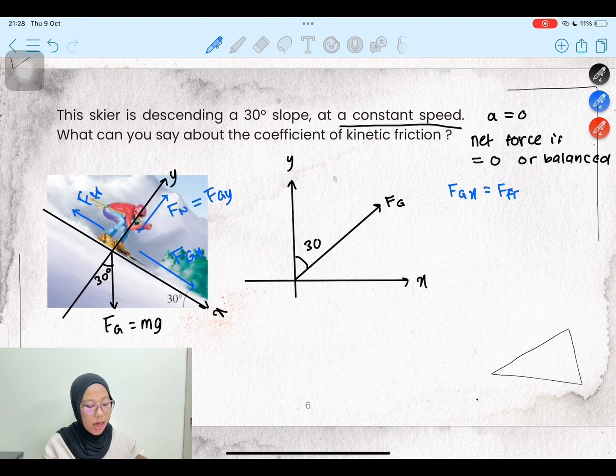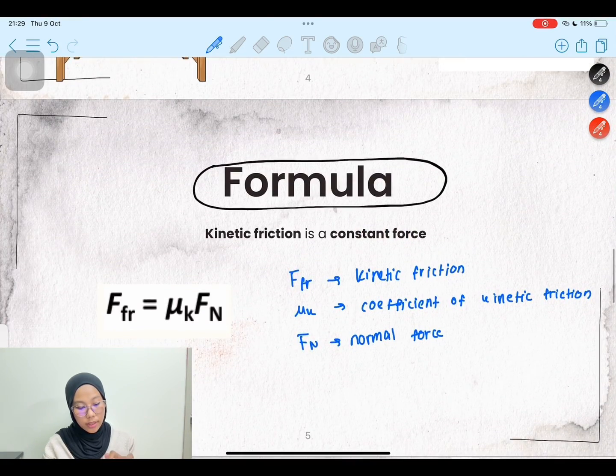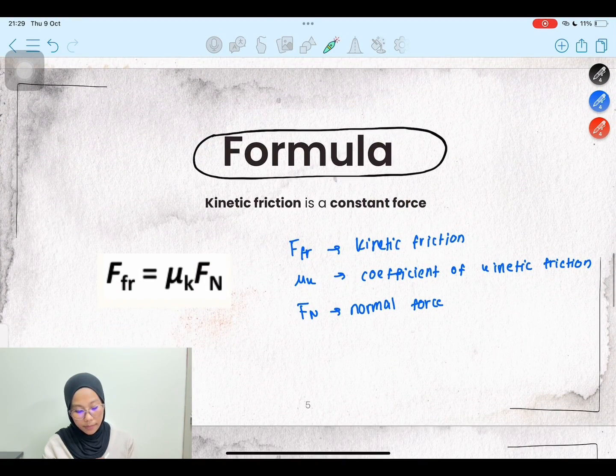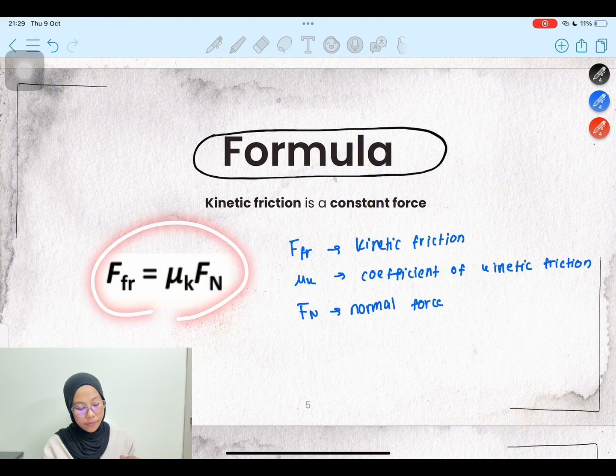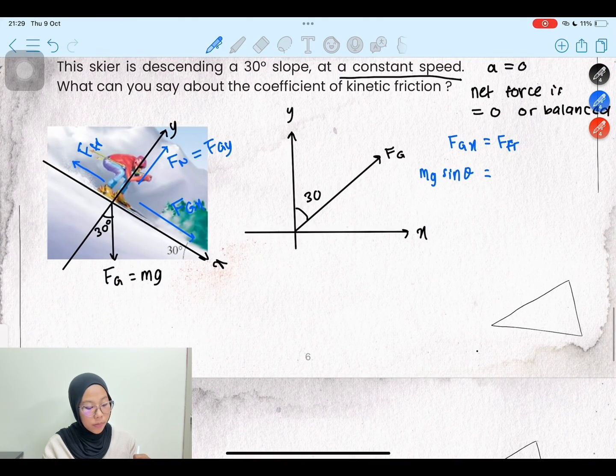Fgx is mg sine theta. And for friction, we know the formula from just now: mu_k Fn. So what is Fn?